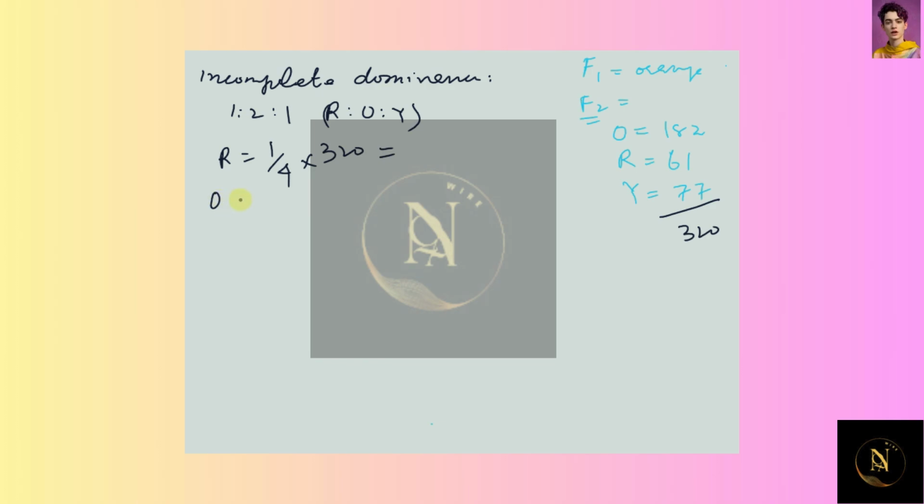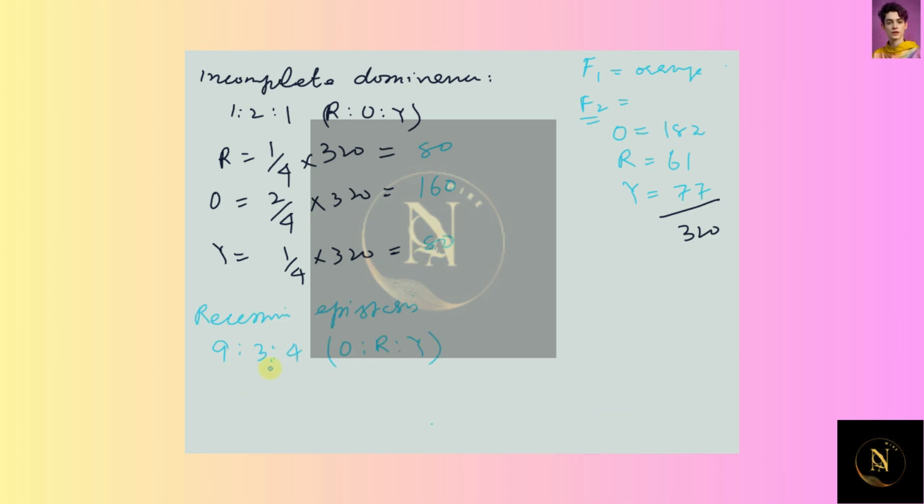And orange will be 2 upon 4 of 320. And yellow will be 1 upon 4 of 320. So the red ones will be 80, orange ones will be 160, and yellow will be 80.